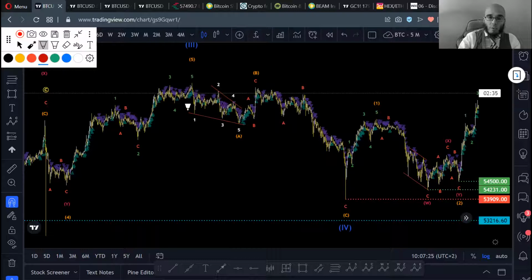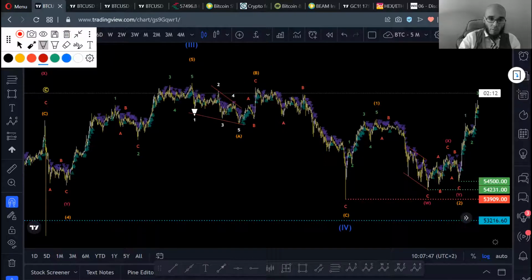And if you pay attention, I have an ending diagonal here, which is traced like this, where wave 4 enters in the territorium of wave 1.